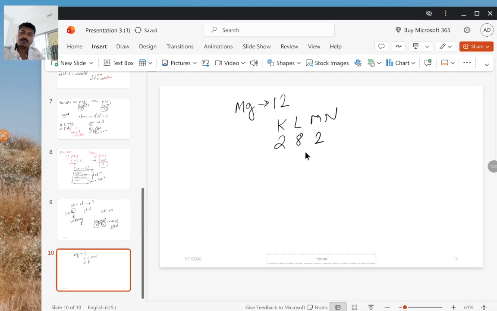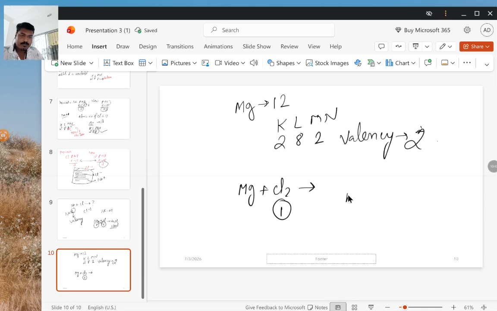Its valency will be 2. Am I right? What happens when magnesium reacts with chlorine? We know that chlorine has valency 1, and magnesium has valency 2.